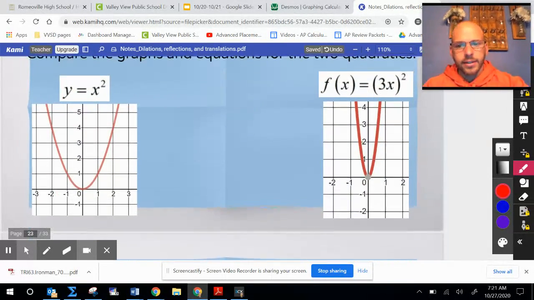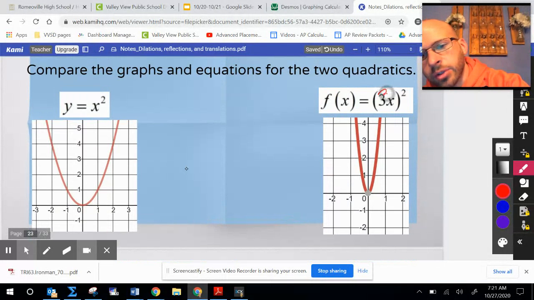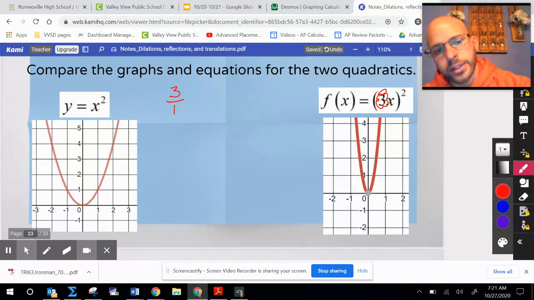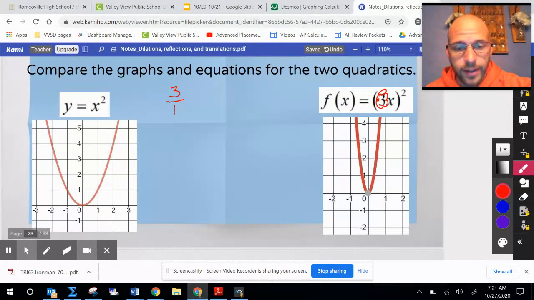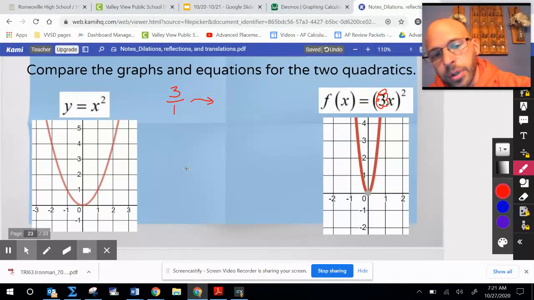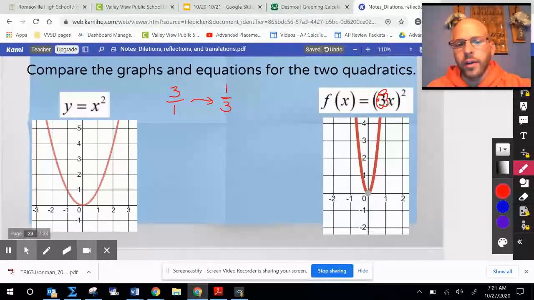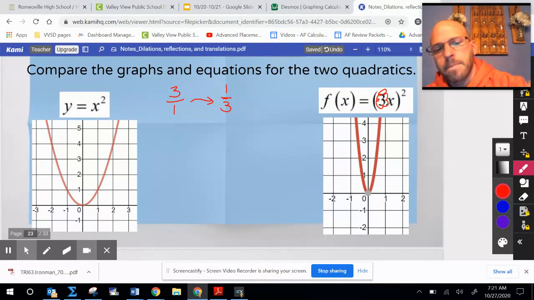Now, likewise, if you look at this 3x squared, well, if I take 3, I can write 3 as a fraction. Now, you can write any number as a fraction by putting it over 1, okay? So if I take the reciprocal, I now have 1/3. And if you want to use your calculator, that's just 0.3 repeating.